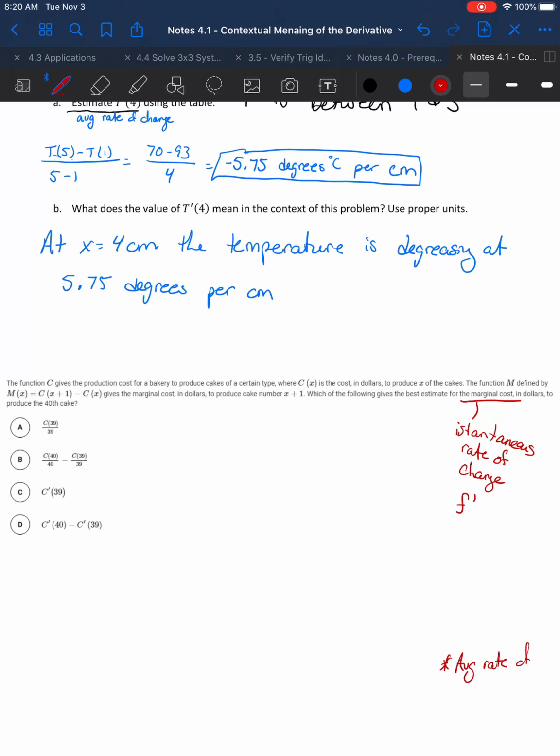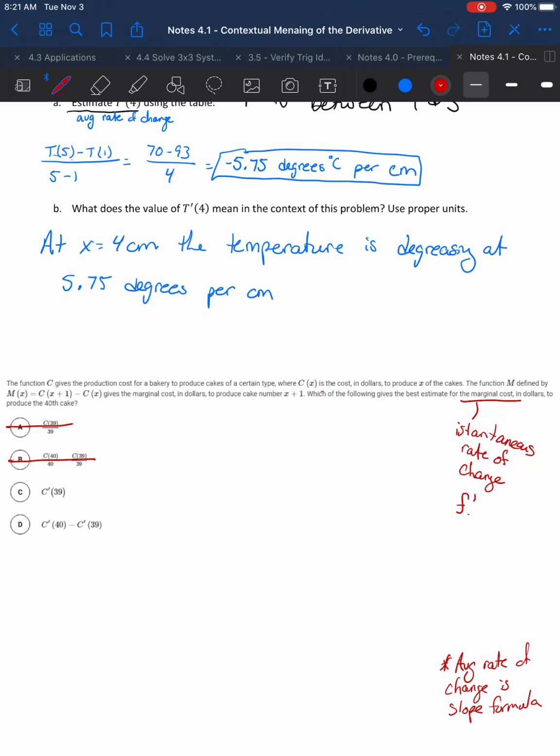Average rate of change is your slope formula. So on your homework, it says either average or instantaneous rate of change. Instantaneous rate of change I know is a derivative. Well, that automatically eliminates options A and B because neither one of those is a derivative. I'm now between C and D.